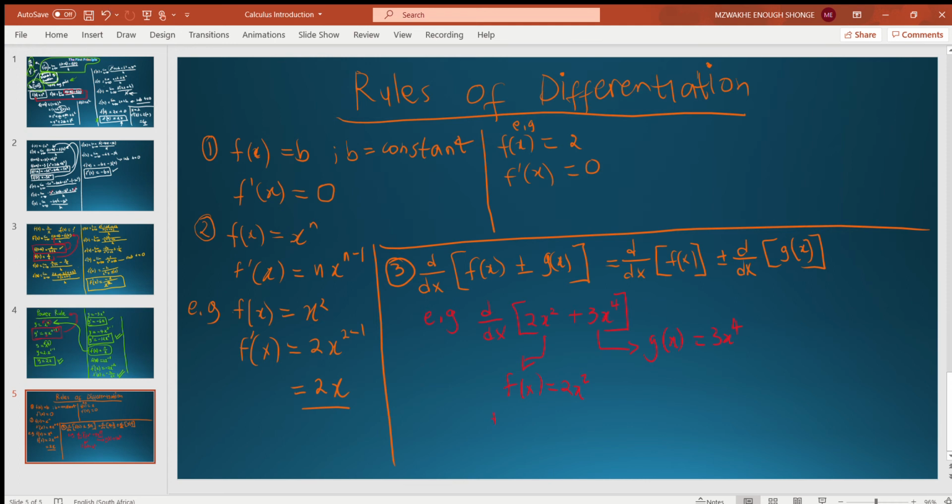What is the answer? The answer is d over dx of this plus d over dx of this. This is the addition rule.